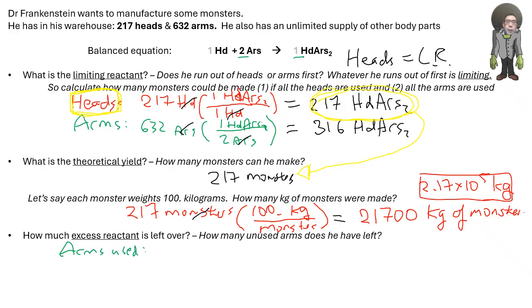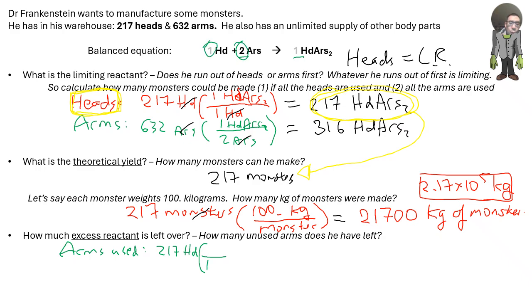We can use the same procedure and relate arms to heads, right? Use the same procedure as we did here. We used up all 217 heads. How many arms came along for the ride? Right, so we do 217 heads. And then now we use the ratio between arms and heads, right?